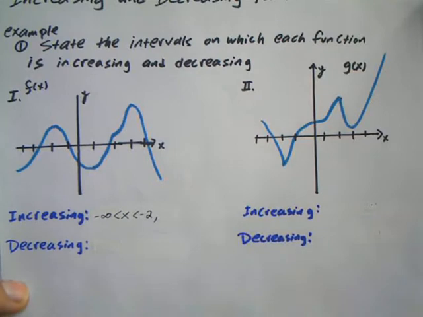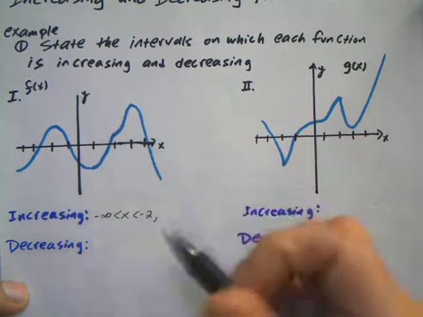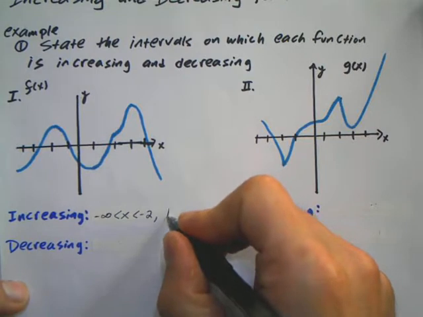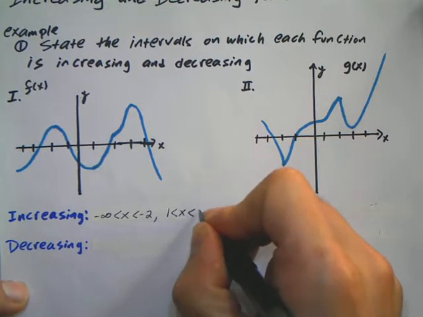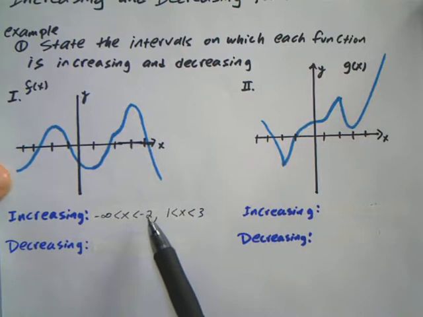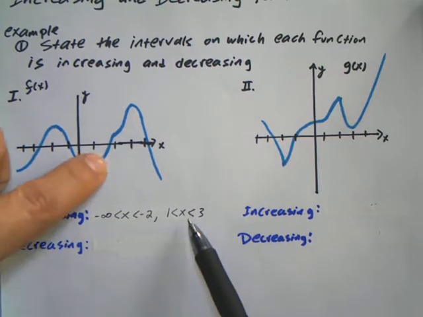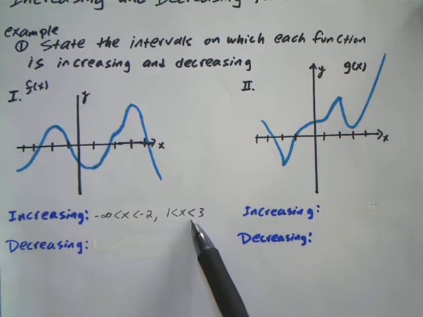And then it also begins to increase from 1 till 3. So it's going to go from 1 and then till 3. So x could be any number between negative infinity and negative 2 for increasing. And then x could also be anything in between 1 and 3 for it increasing.